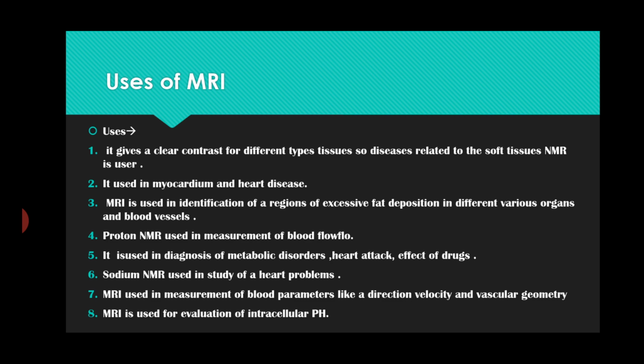Proton NMR is used in measurement of blood flow. It is used in diagnosis of metabolic disorders, heart attack, and effect of drugs. Sodium NMR is used in study of heart problems. MRI is used in measurement of blood parameters like direction, velocity, and vascular geometry. Eighth, MRI is used for evaluation of intracellular pH.